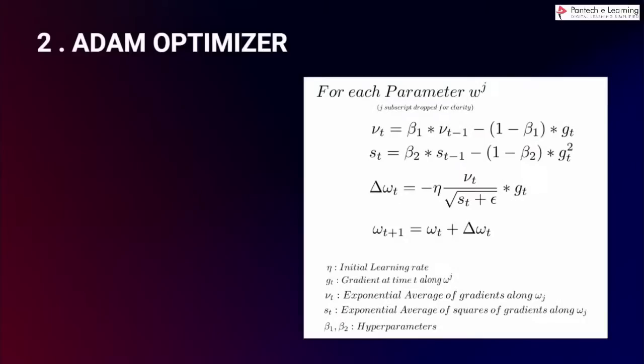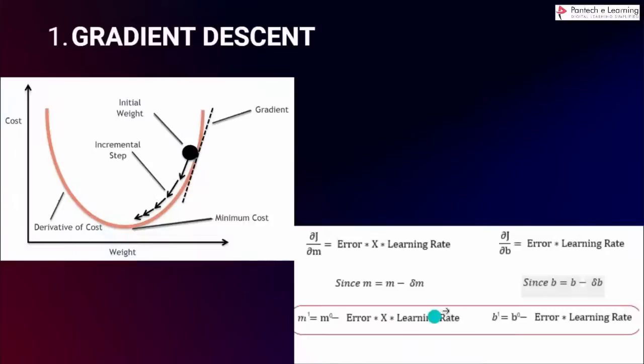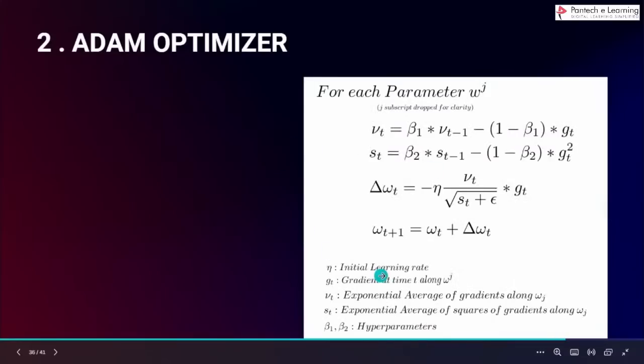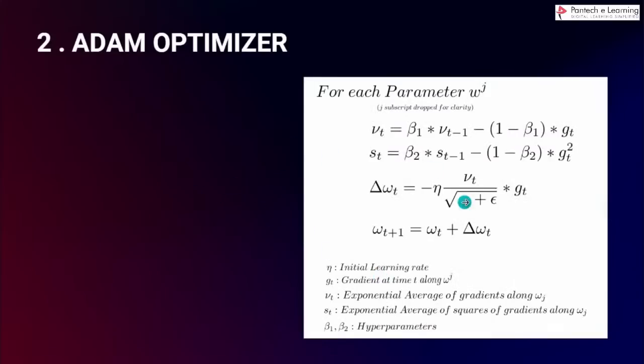When you talk about the Adam optimizer, recently it is one of the best ones. What happens in the Adam optimizer is that we have something known as the learning rate, right? It is constant in gradient descent, but when you go for the Adam optimizer, based on the output you are getting, the learning rate is also improved.